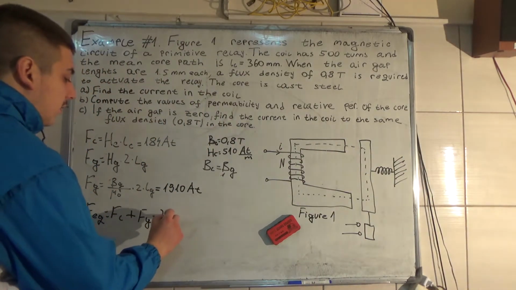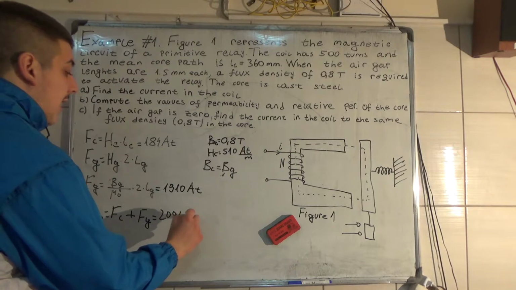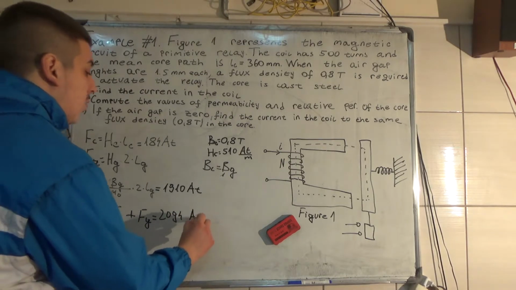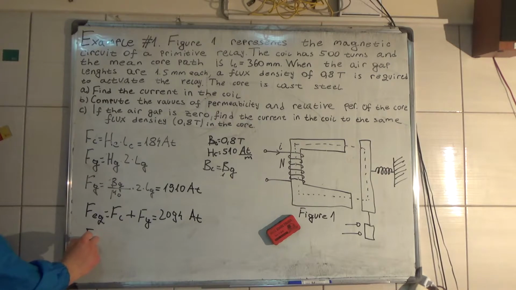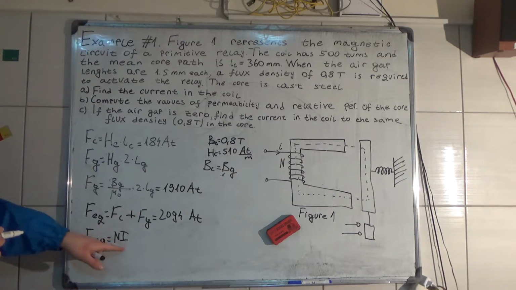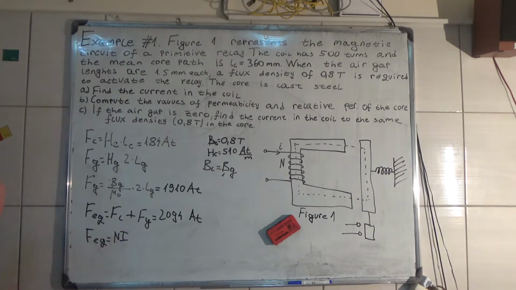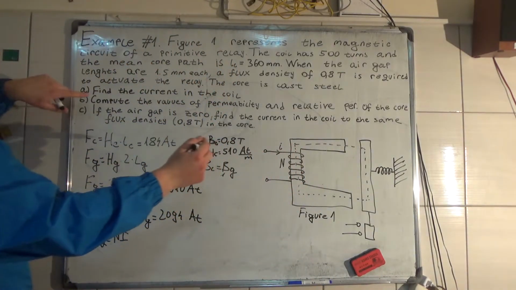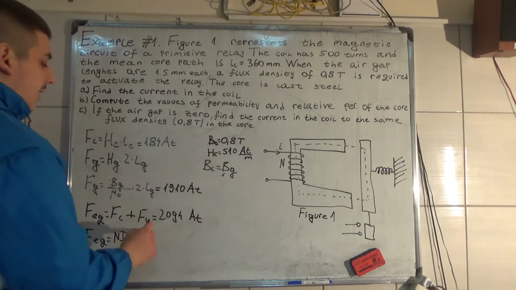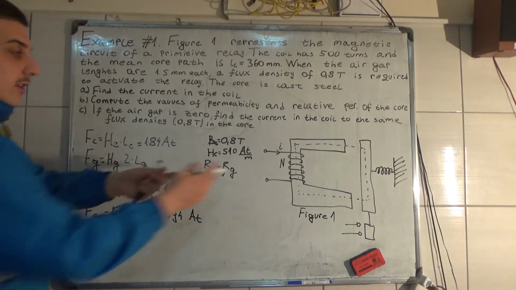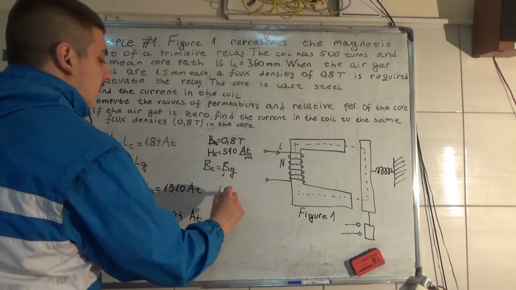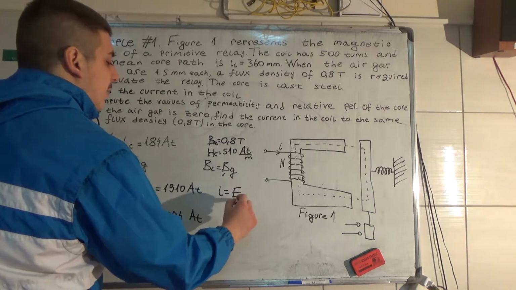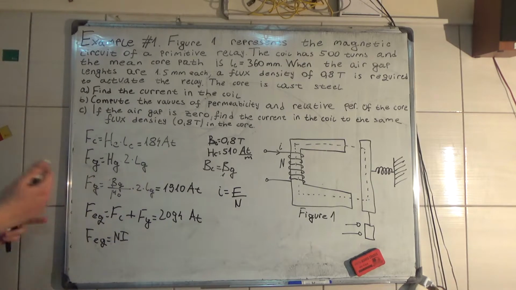2094 ampere turns. Now, because F equivalent is equal to N I, number of turns times the current, the current in the coil is equal to F divided by the number of turns.